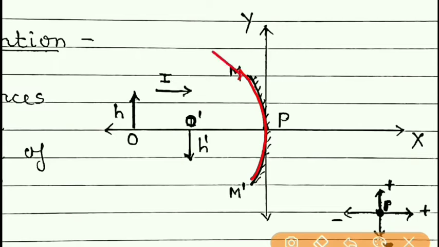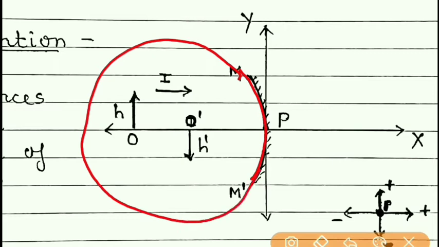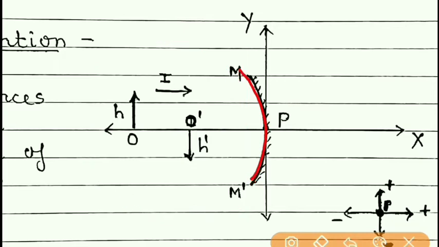Because actually it is a part of a sphere, and this sphere is cut from here, so this part is a part of a sphere only, and its outer surface is made non-reflecting and the inner surface is made reflecting. So here you can see a concave mirror in the figure.